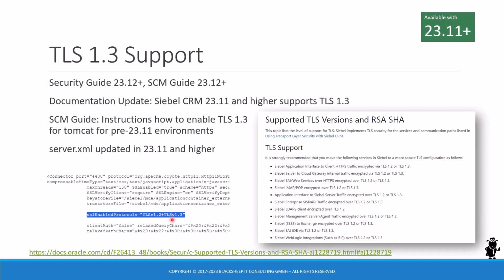The connector section will include TLS v1.3. So that's the famous server XML update, happens every now and then, which is good. TLS 1.3, I looked it up, is a few years in now, so it's not really exciting news.